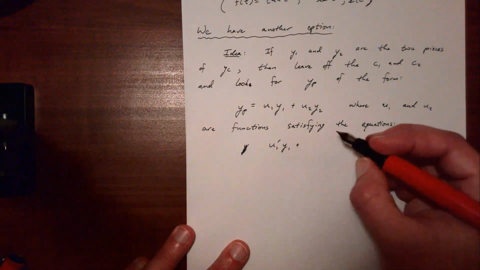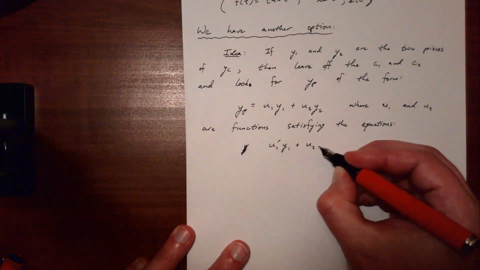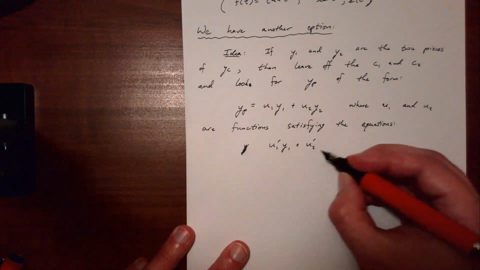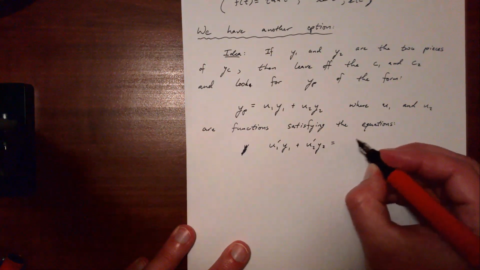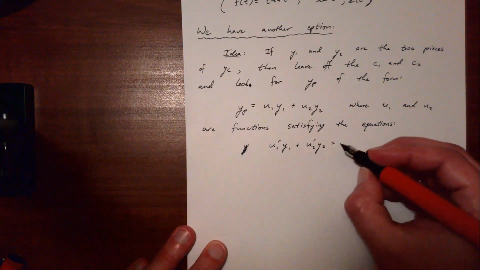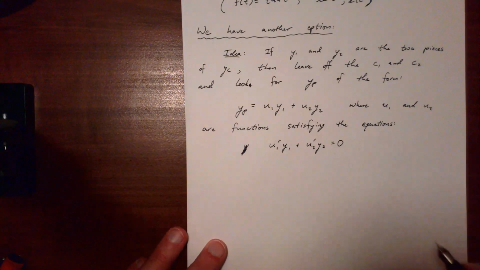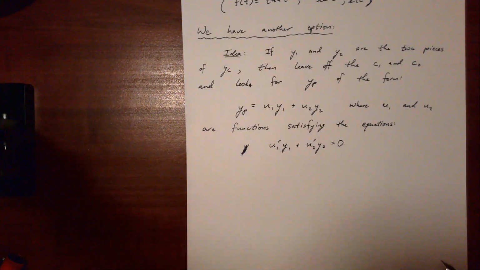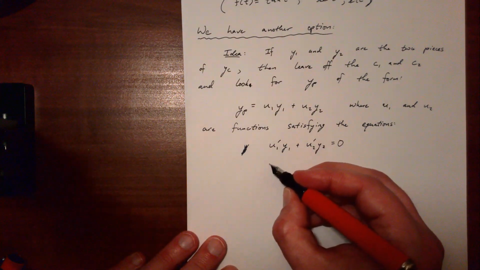It takes you through the full reasoning here. But essentially, this is the equivalent to finding a solution that satisfies the homogeneous part, and then the part that satisfies the non-homogeneous part.